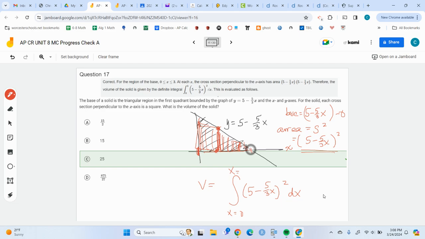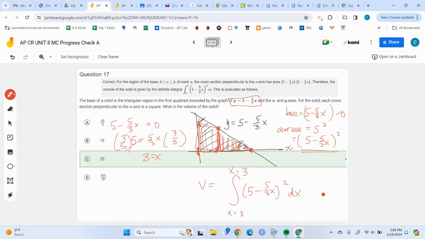Oh, I have to know where this ends. What x do I end at? I need to set this equal to 0. 5 minus 5/3 x equals 0 whenever y is 0. So that means 5 equals 5/3 x, multiplied by 3/5, 3.